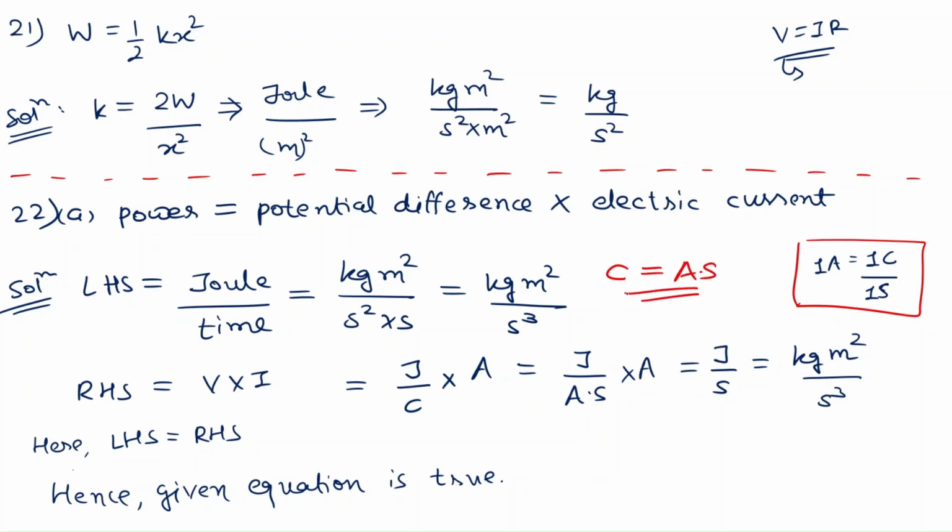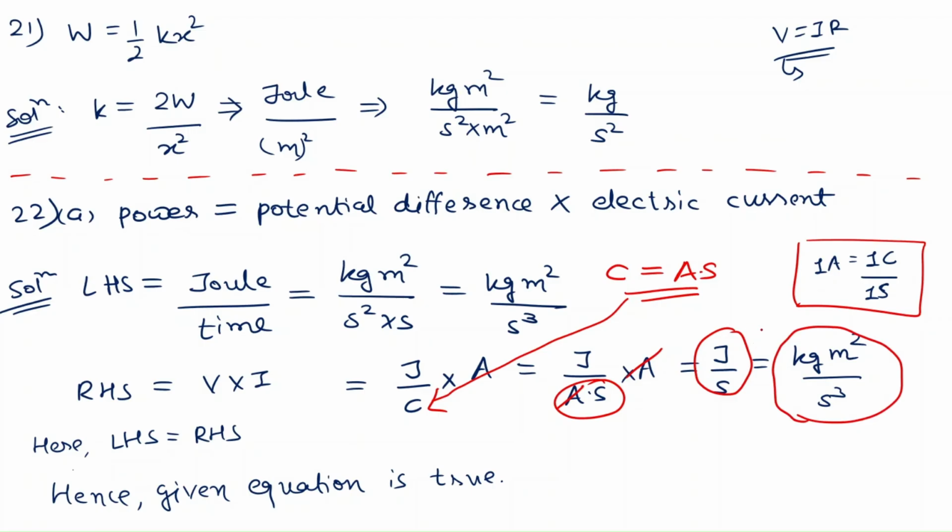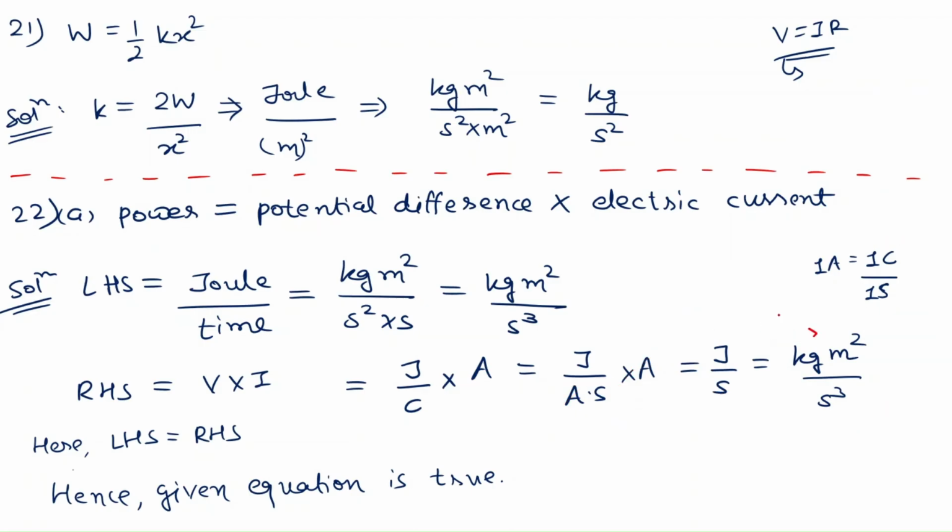Substitute this value here, cancel ampere, and you get joule per second, which is a similar result to what we got on the left hand side. So LHS is equal to RHS, and hence the given equation is true or valid.